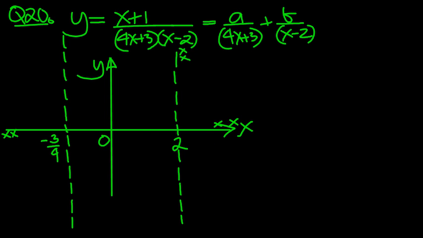Just to the left of 2 then, one of these will change sign, so it'll be 2 positives and 1 negative, which will combine to make a negative. And then just on this side, when they're less than minus 3/4, this will be negative, this constituent will be negative, of course, and this constituent will be positive. Oh, so it's positive here.